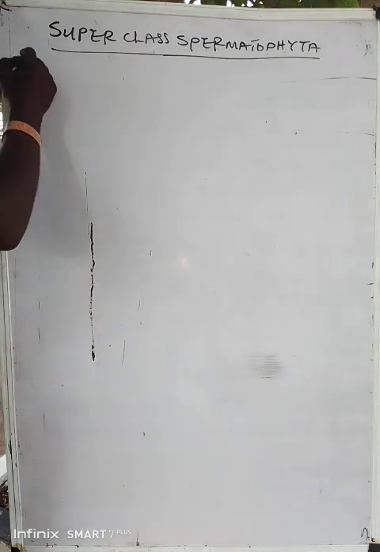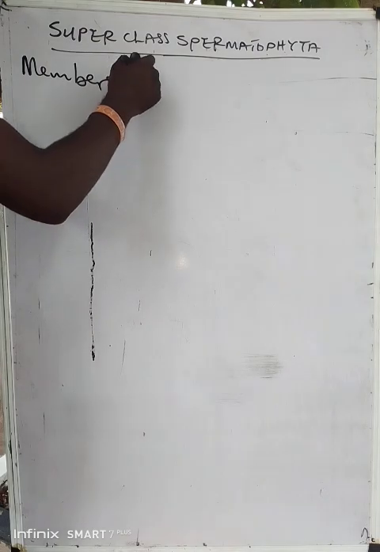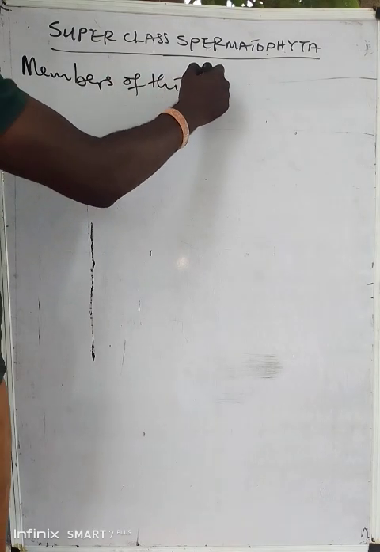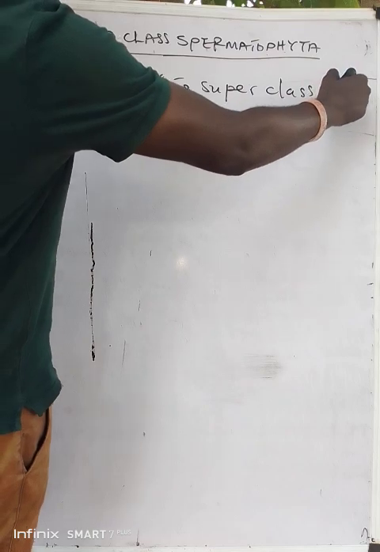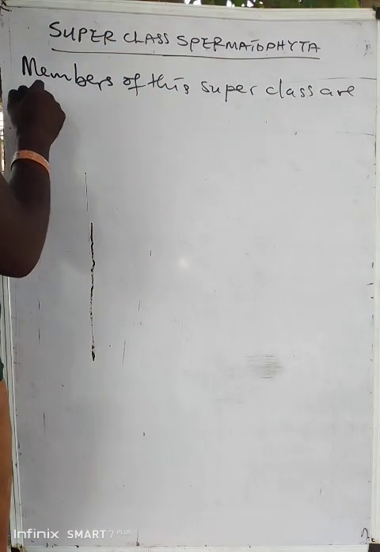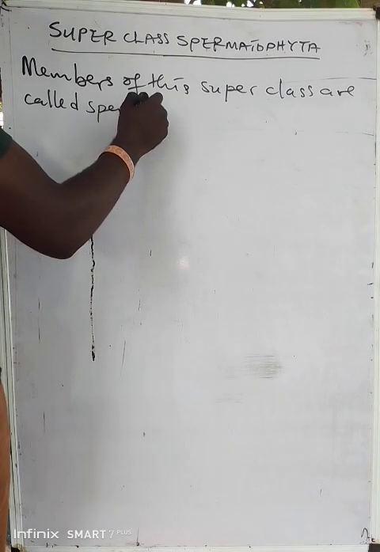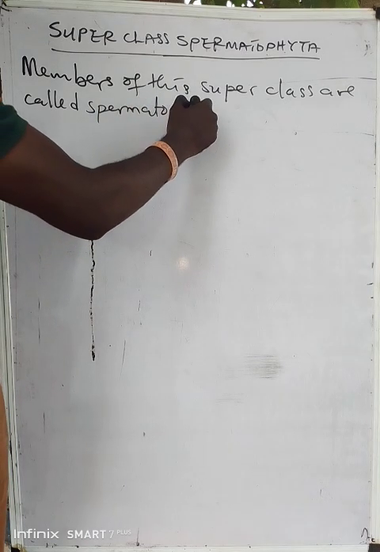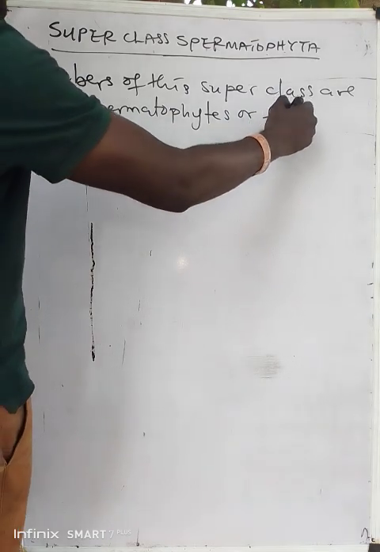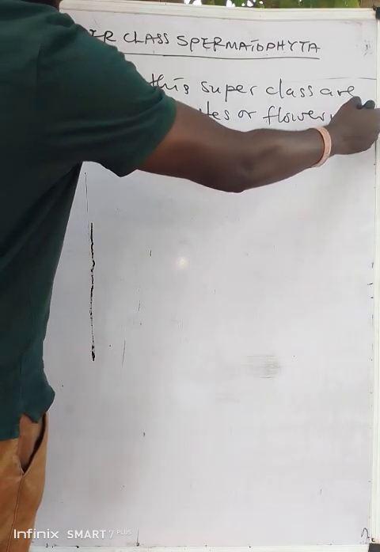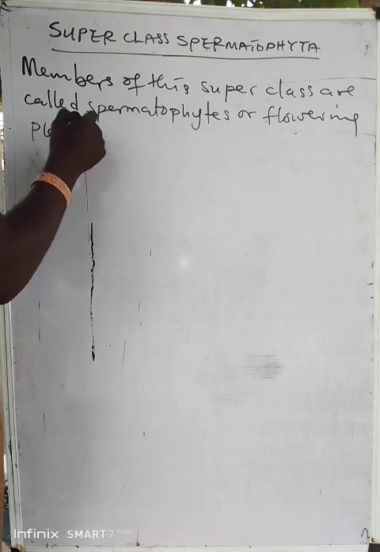So members of this superclass are called spermatophytes. We either call them spermatophytes or flowering plants. Plants that have flowers.